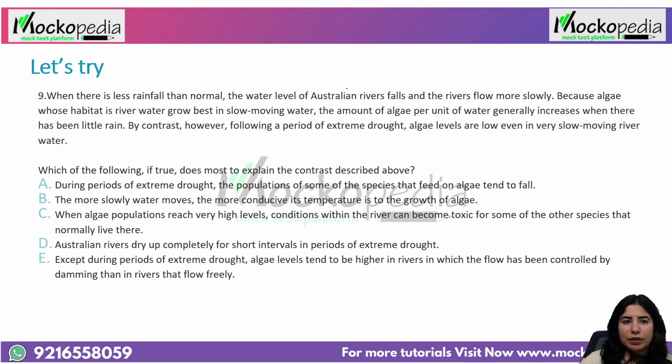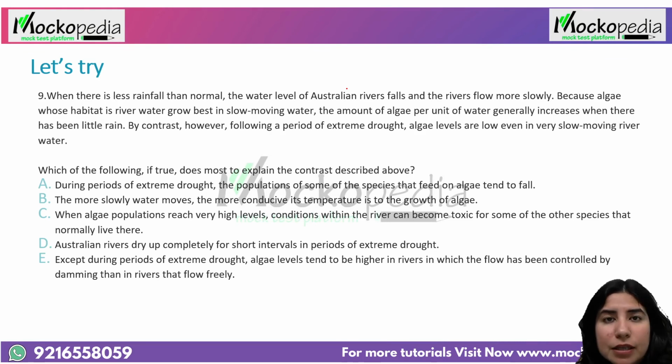So there is less rainfall than normal, so the water levels in the rivers go down. Because algae, whose habitat is river water, grows best in slow moving water, the amount of algae per unit of water generally increases when there has been little rain. By contrast, however, following a period of extreme drought, algae levels are low even in very slow moving river water.